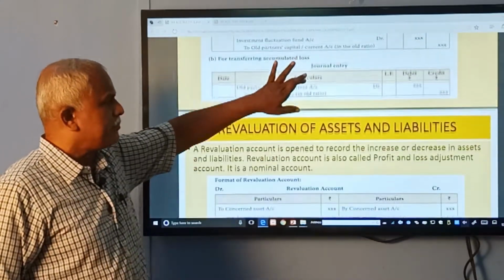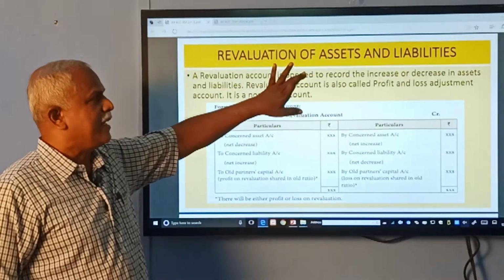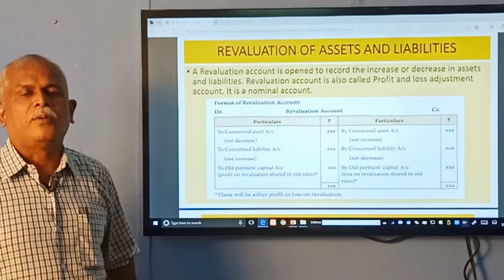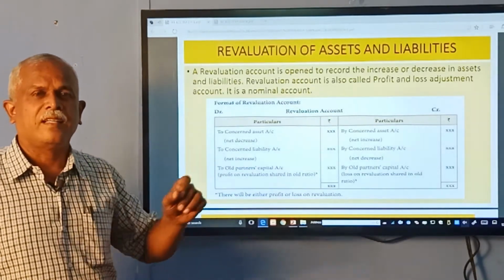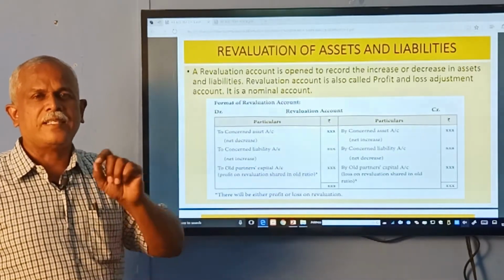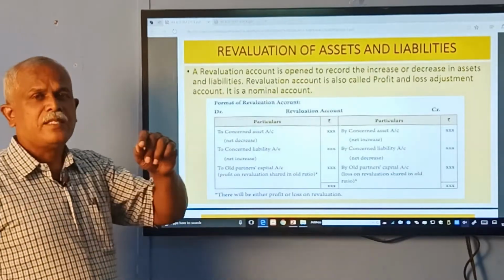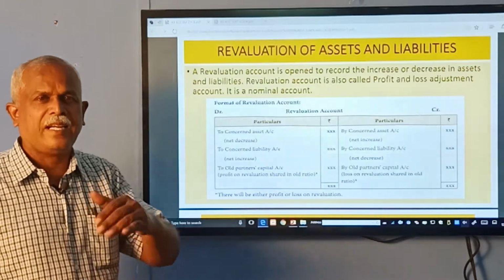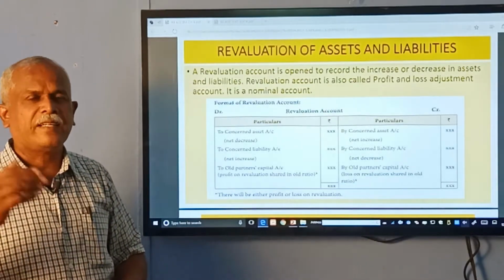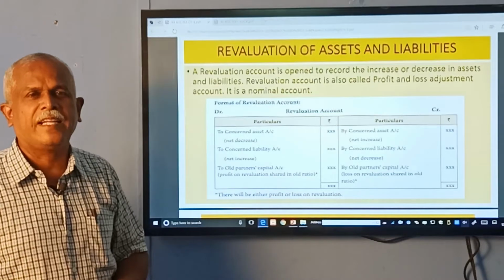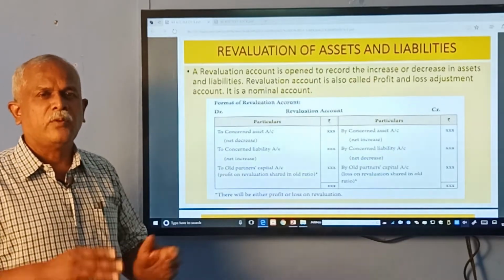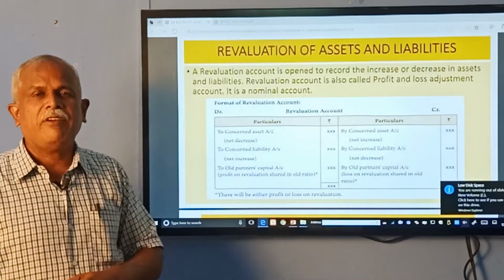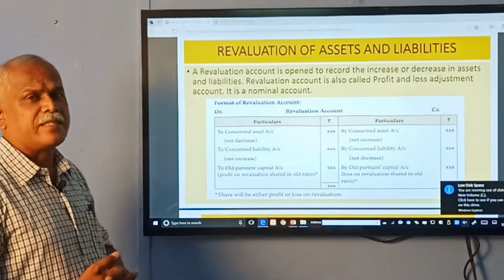Next, revaluation of assets and liabilities. There are separate illustrations to elucidate how things are done in the chapters of a textbook, in a very neat way, giving small illustrations. Kindly do them. There are practical working exercises at the rear of the chapter, so we can check them out. Next is revaluation of assets and liabilities.